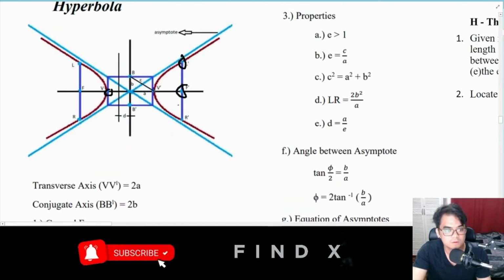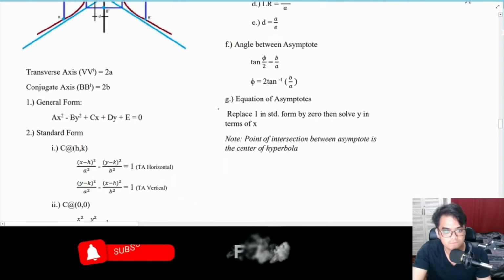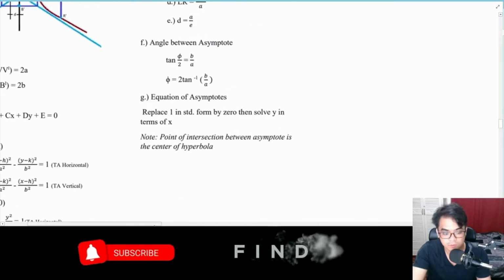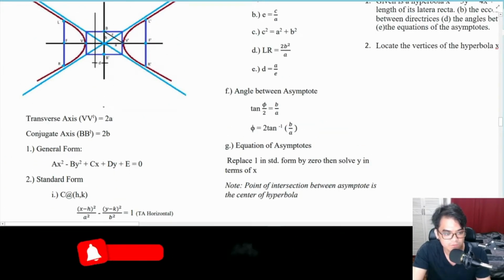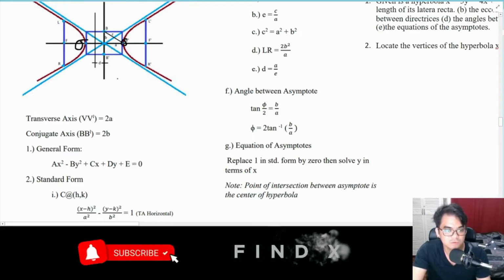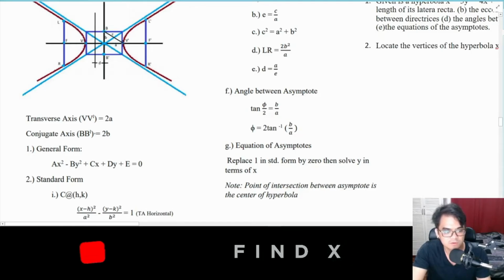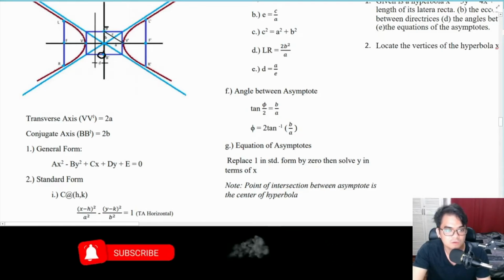So we have here the formulas for the hyperbola. The transverse axis, that's vertex to vertex, from here to here, that's 2a. And then the conjugate axis, from here to here, that's 2b.